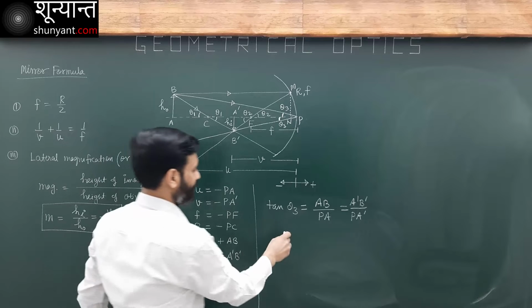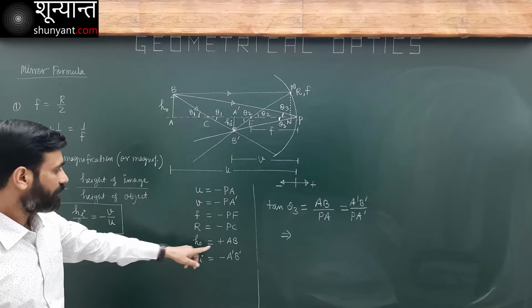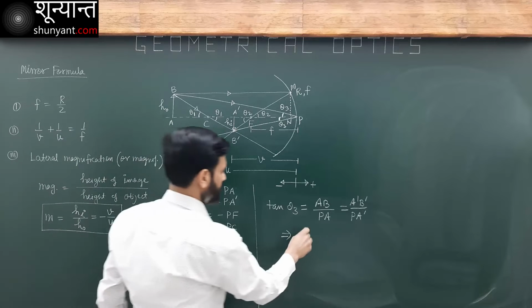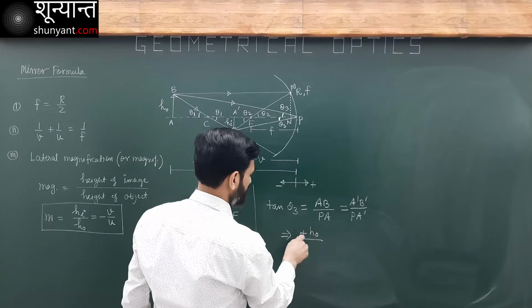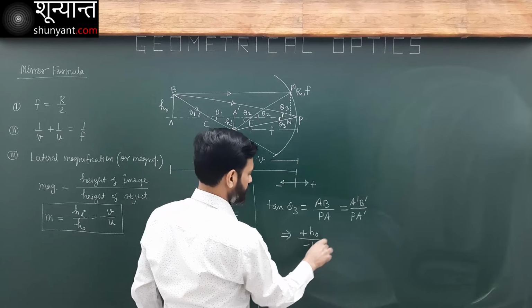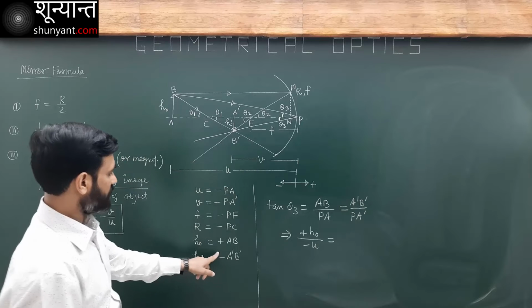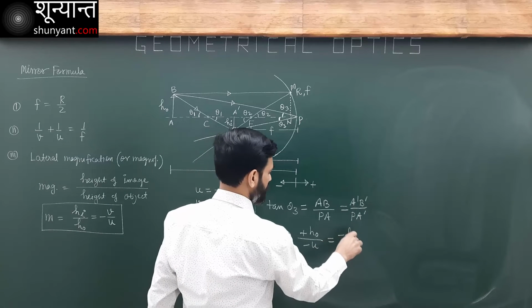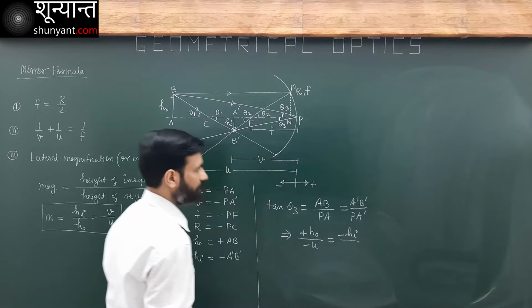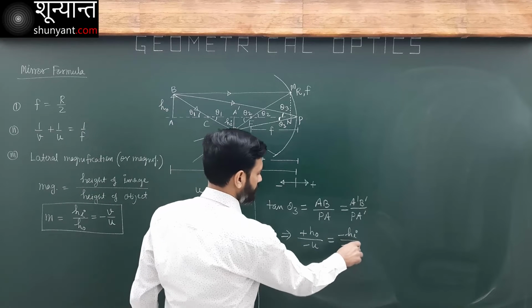Now what does it give me? AB. What is AB? AB is H, the height of object here. PA is minus U, equal to A dash B dash. A dash B dash is minus HI, minus height of image, over PA dash, from here, minus V. What do I get?